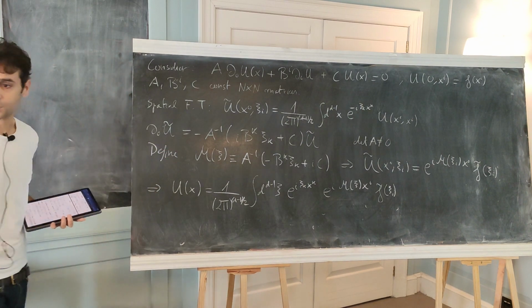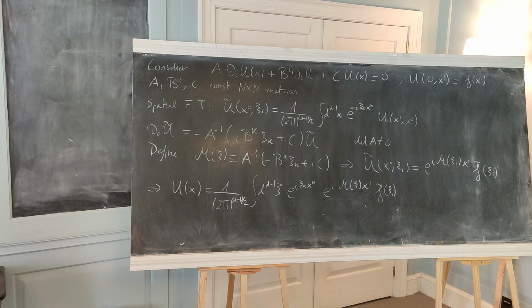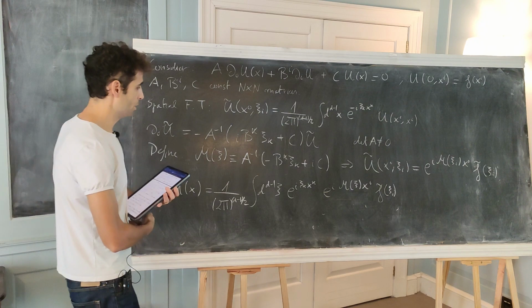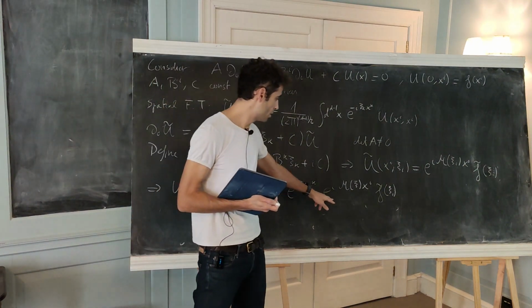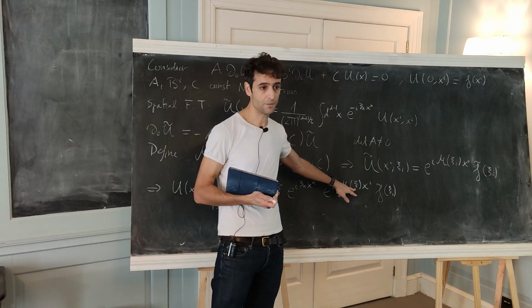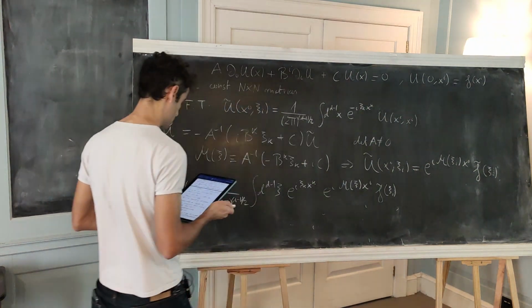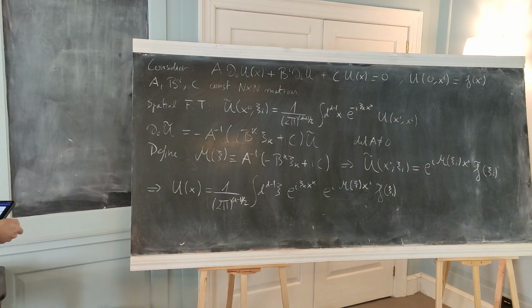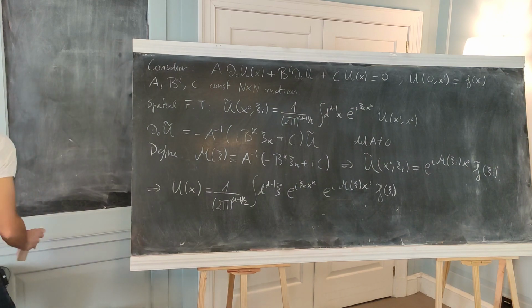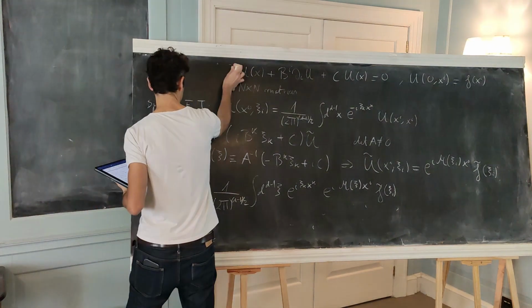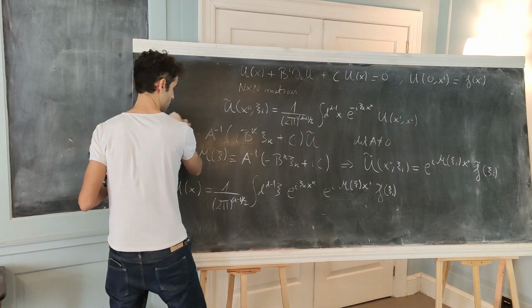So that's the issue with this. In order to be able to construct a solution, we need to have suitable conditions on how this matrix behaves for large wave numbers. And I'm just going to state this condition.